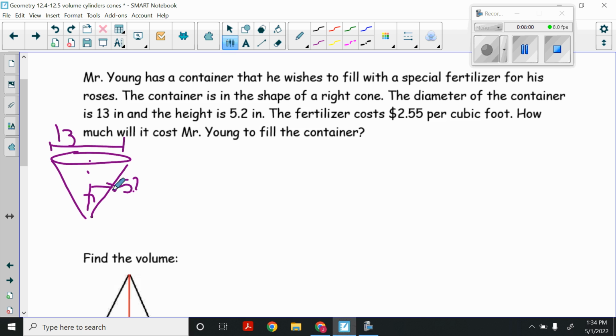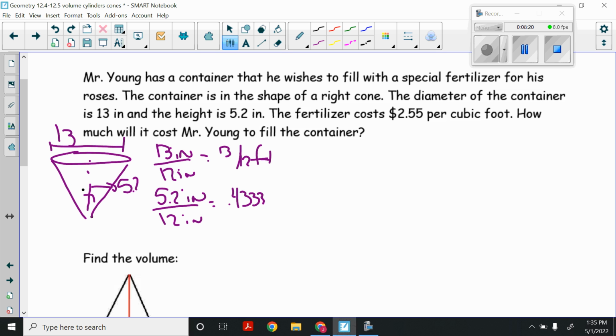So the first thing here I'm going to do is change all my inches into feet. So 13 inches divided by 12 inches is 13/12 of a foot. 5.2 inches divided by 12 inches is about 0.4333 feet.